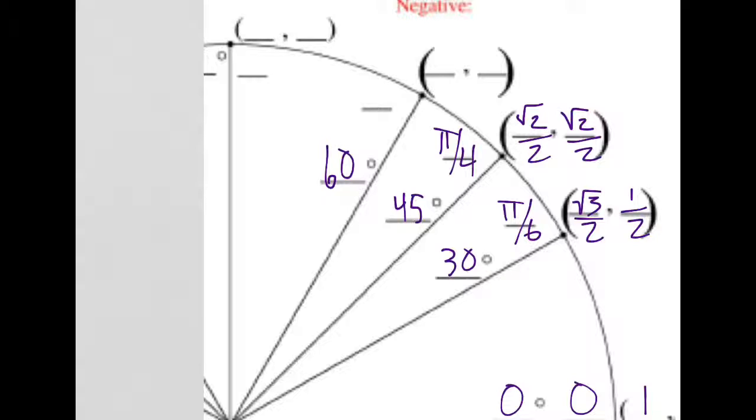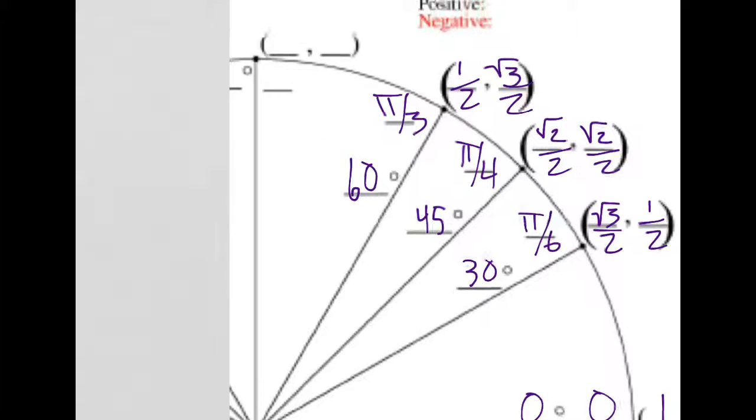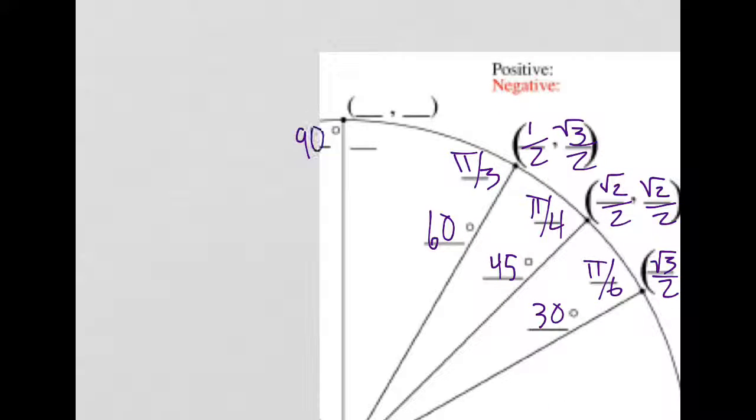Next line is 60 degrees. We get pi over 3, and it flips the 30-degree angle. So we get positive 1/2 for x and root 3 over 2 for y. And then finally we got 90 degrees, which is pi over 2 radians, x value 0, y value 1.